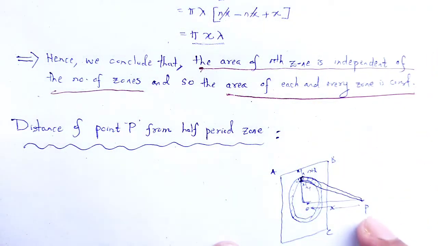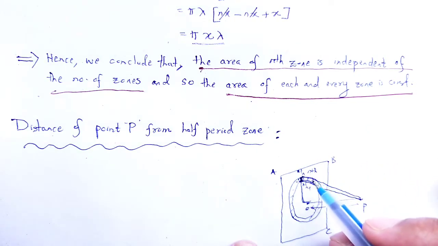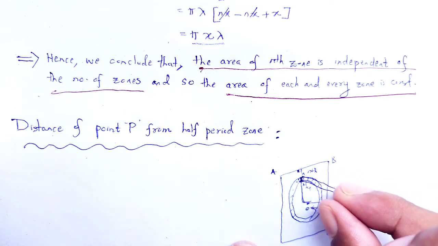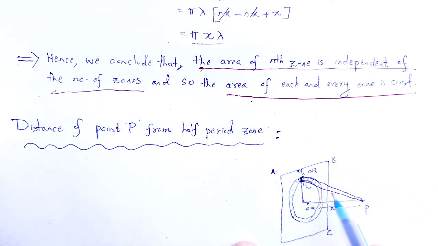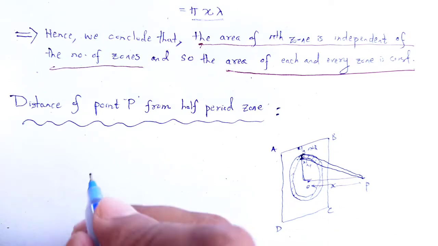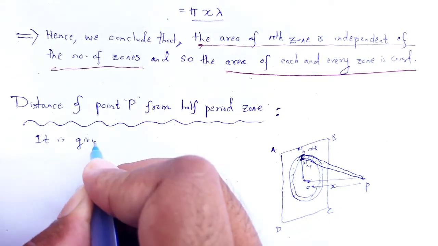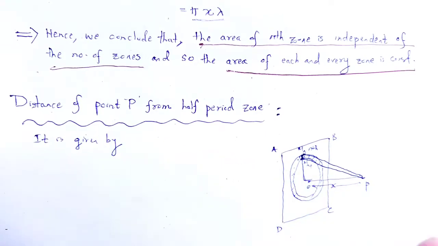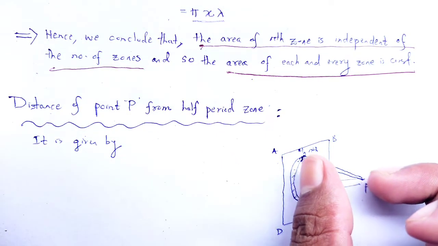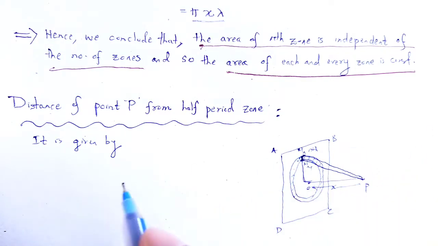So the distance of point P from that of half period zone for nth half period zone is the average distance having PMn and PMn minus 1.